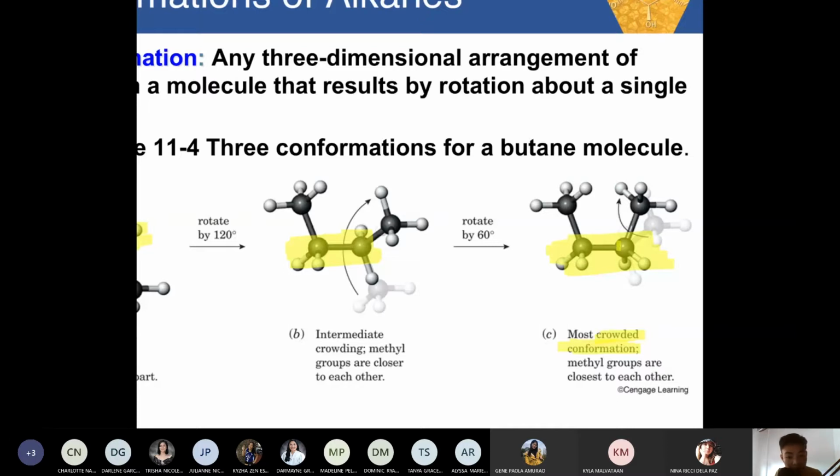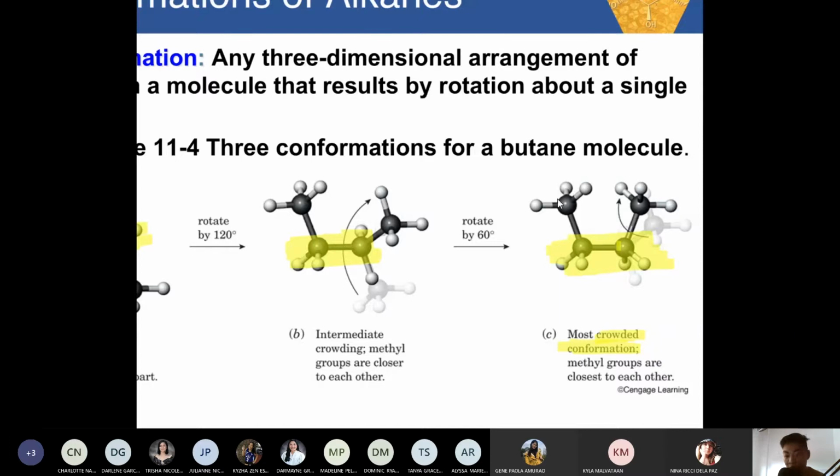Yun nga yung mismong concept ng VSEPR, valence shell electron pair repulsion theory. So ibig sabihin, if your atoms are together in a certain conformation, magkakaroon ng repulsion. Hence, the molecule will not be stable.